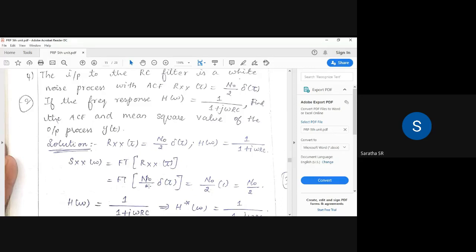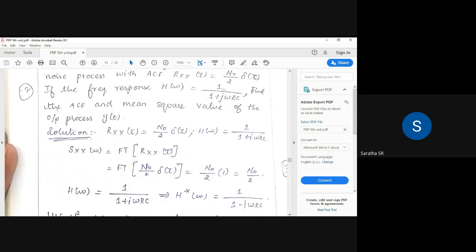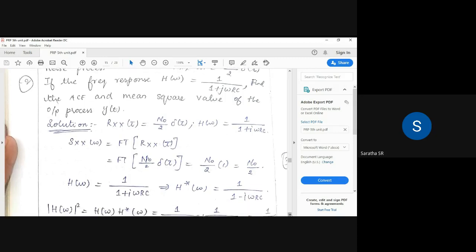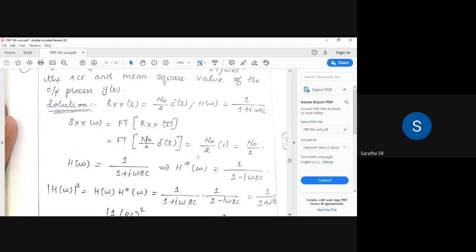N naught by 2 is a constant, so take it out. The remaining is the Fourier transform of delta of tau. This is the unit function, that value is 1 only. So we got here N naught by 2. Then h of omega is directly given, so we need to find h star of omega. That is, we have to replace omega by minus omega, and that is h star of omega.